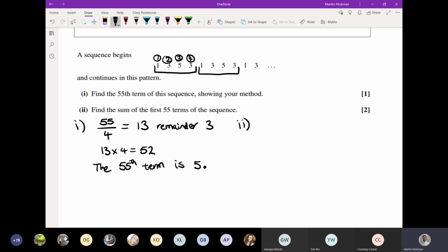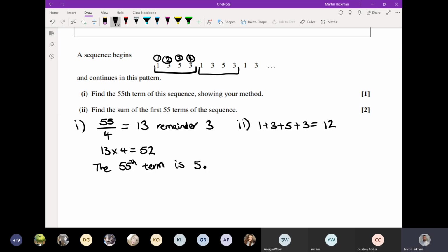Finally, find the sum of the first 55 terms in the sequence. And yet again, it's about noticing these cycles. I've got 13 cycles, as I found out in the first part. I've got 13 cycles of 1, 3, 5, 3. So I'm going to add that together. Every time I complete the cycle, it's going to add up to 12.